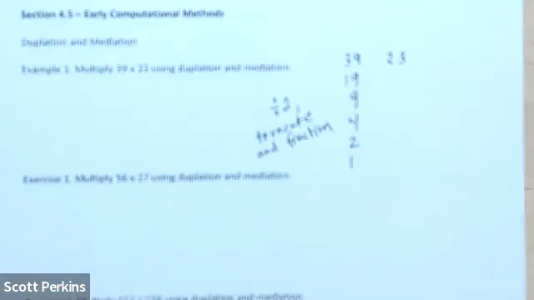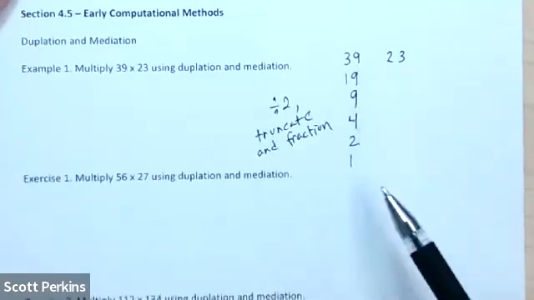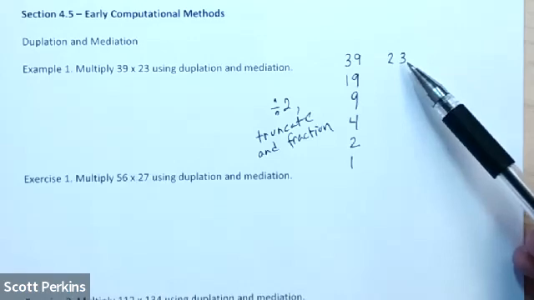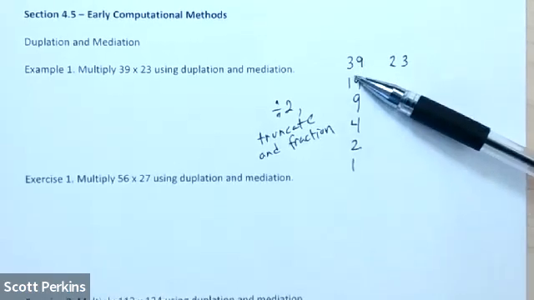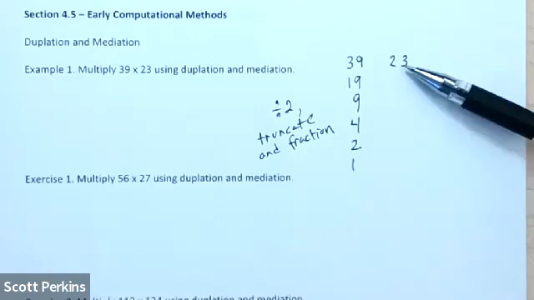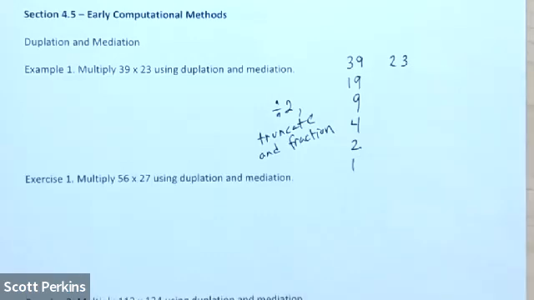Now for each of these rows that I now have, I'm going to come over to this side and double this. I've divided this one successively by 2. That's duplicating. The mediating is I'm going to take the 23 and double it for every entry.